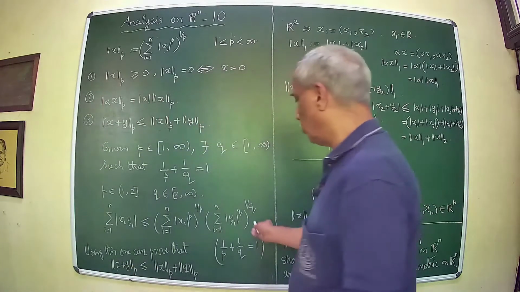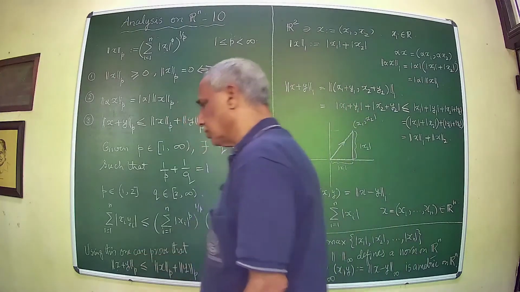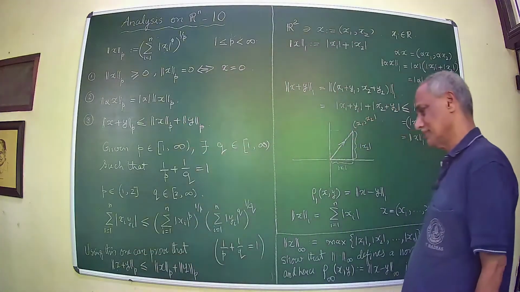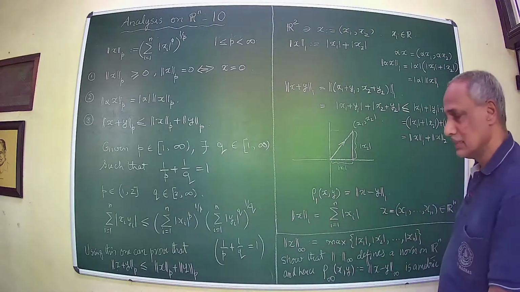This is called the Holder's inequality, and this is called the Minkowski inequality. So this is quite easy to prove.